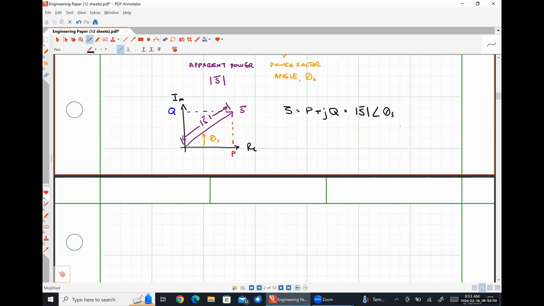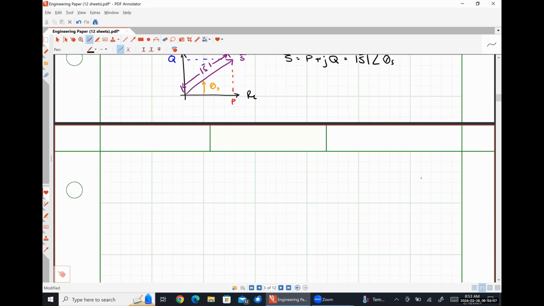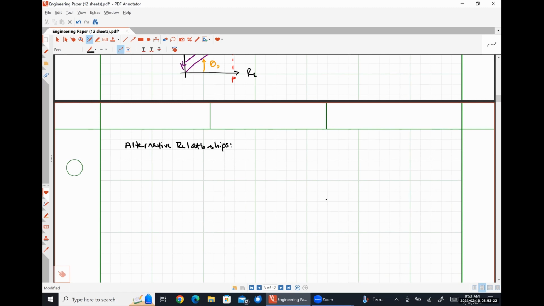All right. So let's talk about alternative relationships that we can use before we move on to power factor. All I'm going to be doing is manipulating these two equations.